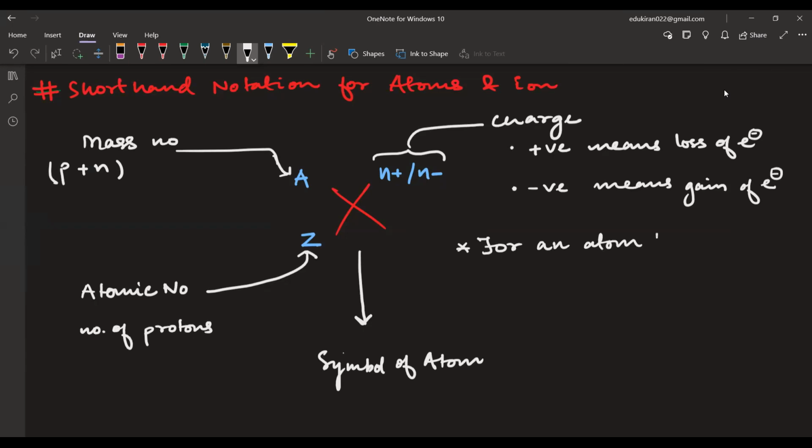Neutral. For an atom, the number of protons, that means it has positive charge, will be equal to number of electrons, because these are neutrals. So number of proton will be equal to number of electron. And it is not necessary that number of proton and number of neutron will be equal. Please write this down. We will do a small exercise.